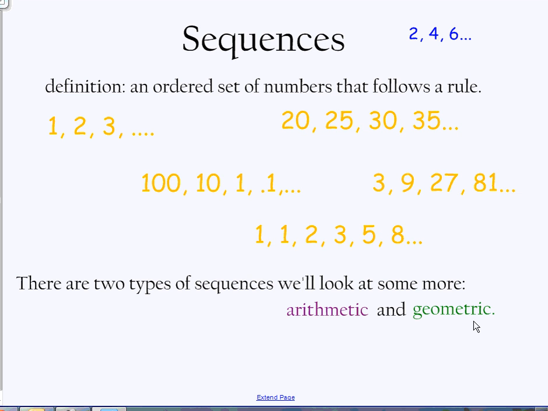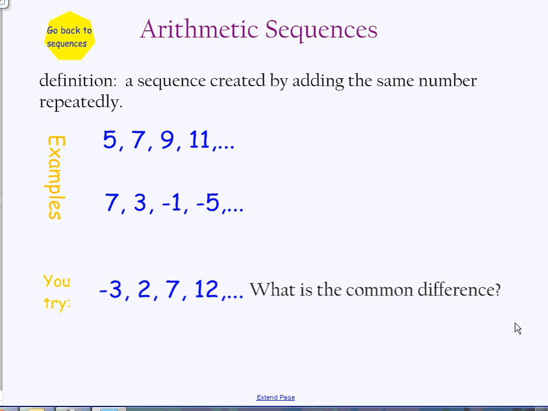And today what we're going to be focusing on is actually the arithmetic one. And the arithmetic one is a sequence created by adding the same number repeatedly. Okay? So for example, 5, 7, 9, 11. You're adding 2 each time. 7, 3, -1, -5. In this case, you're subtracting 4 each time.